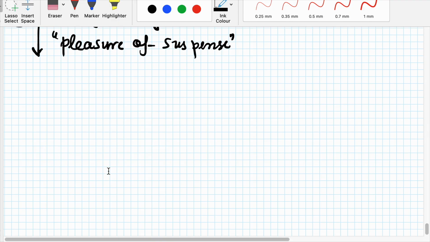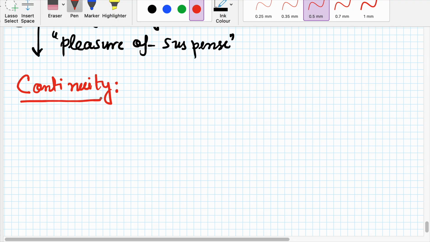Let us go toward the second case, which is called continuity. Now another thing which is very crucial in the case of von Neumann utility is called the continuity axiom or continuity assumption.